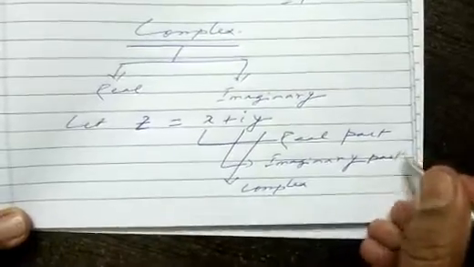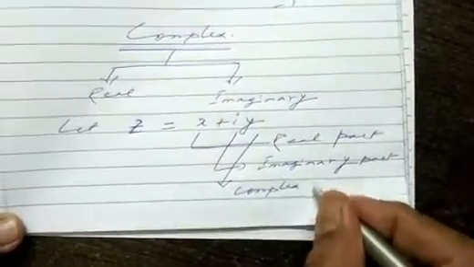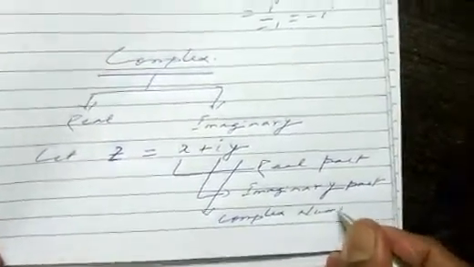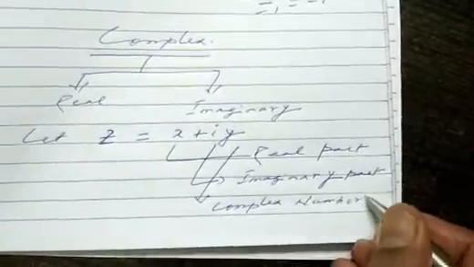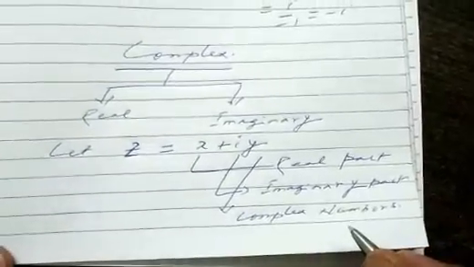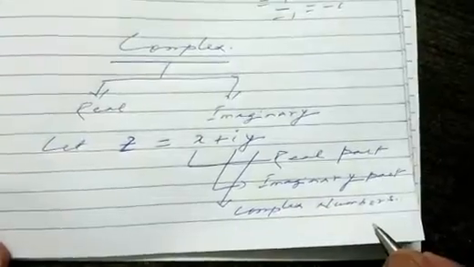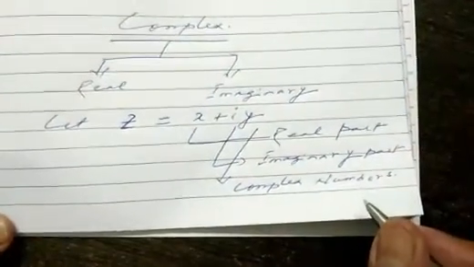Because this is associated with iota. So any number which is a combination of real as well as imaginary can be written down as a complex number.